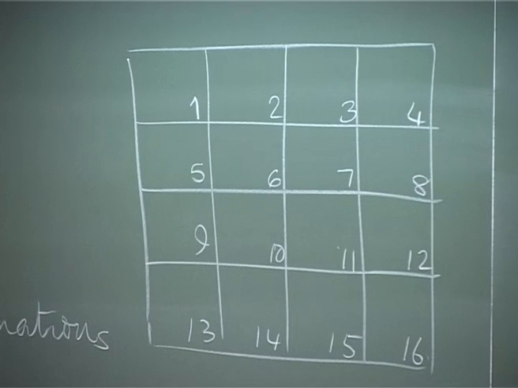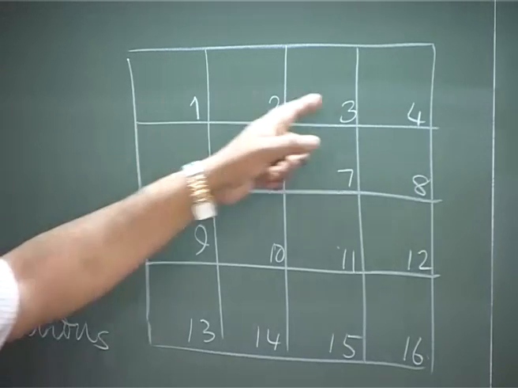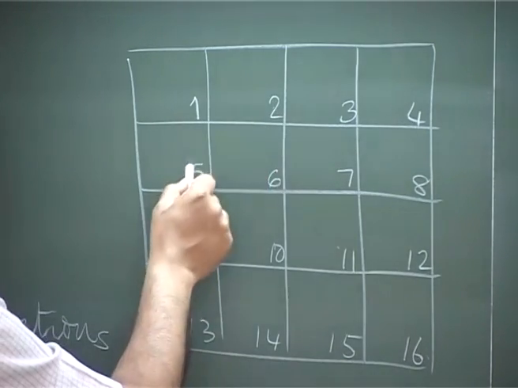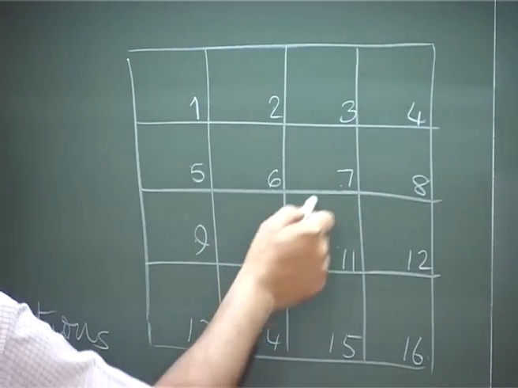Suppose you have this data 1, 2, 3, 4, 5, 6 up to 16, and you want to make the transpose. So 1, 5, 9, 13 should go there, and 1, 2, 3, 4 should come here. Agree? That means you have to interchange this with this, this with this, and at the same time this with this, and so on.